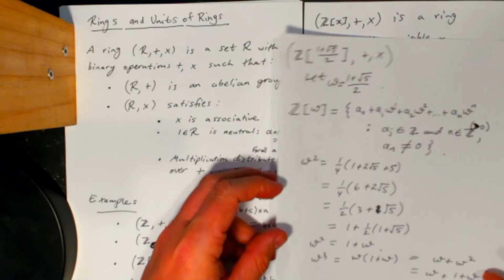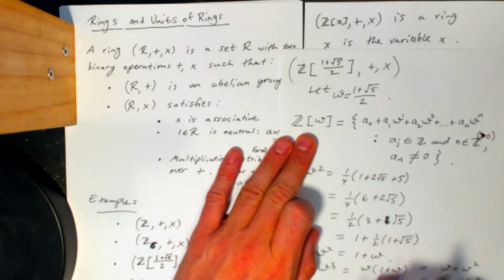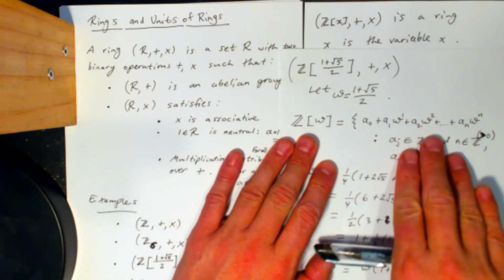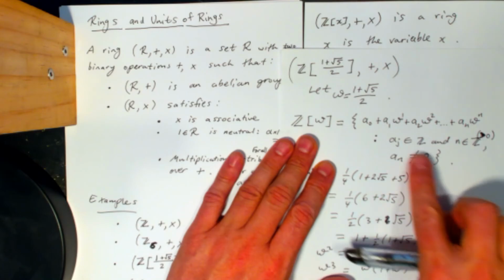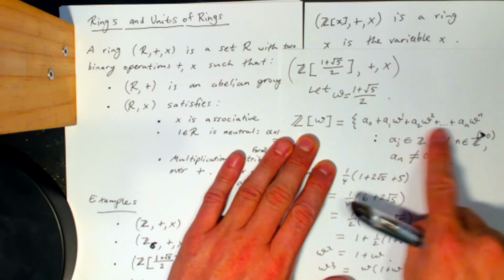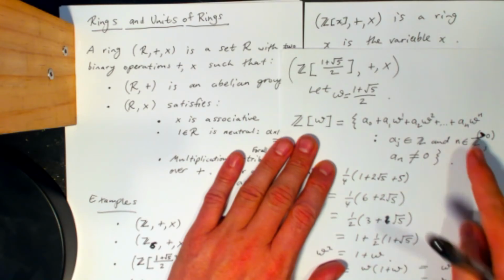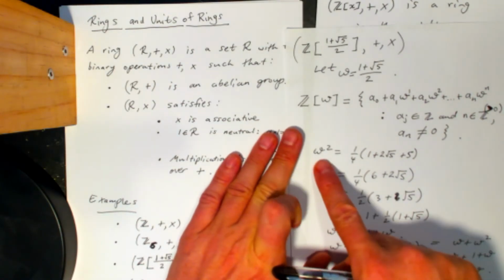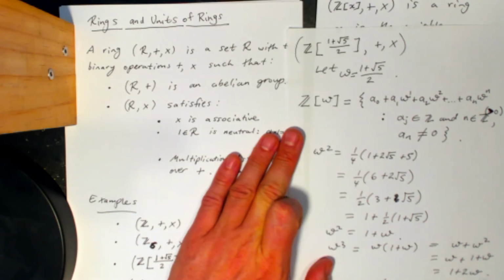Okay, so if I bring this back up, right, so z adjoin omega with a square bracket there means all possible sums of these, where omega is that number, right? But instead, if omega is x, the variable x, then we don't have this nice property that omega squared is 1 plus omega, so we can't simplify that tremendously, right?